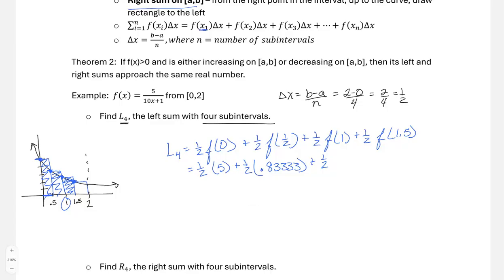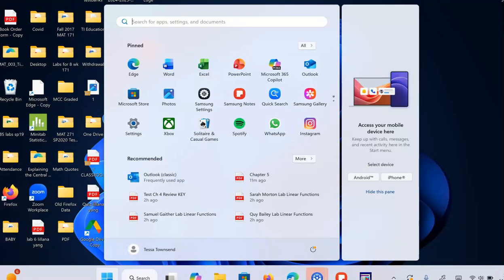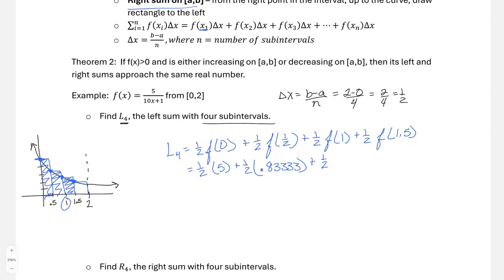When I plug in 1, I'm going to have 5 over 10 times 1 plus 1, which is 5 over 11, about 0.4545. And when I plug in 1.5 in here, I got 0.3125. So if I were to add all that up, I would get about 3.3002. Now this guy, like we said, is going to overestimate the area.